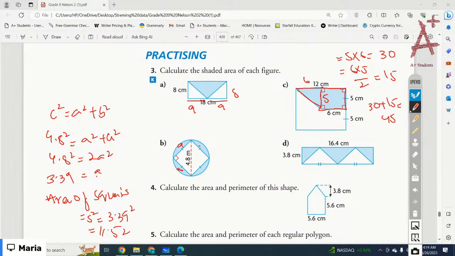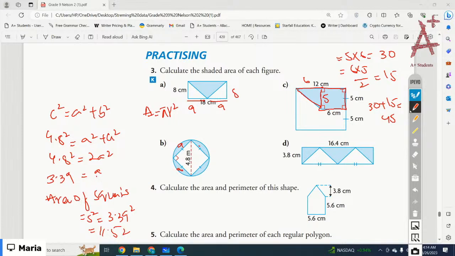That means now you have to subtract the area of the square from the area of the circle. The area of a circle is A equals pi r squared. You are given the diameter 4.8, right? So 4.8 divided by 2 is 2.4.